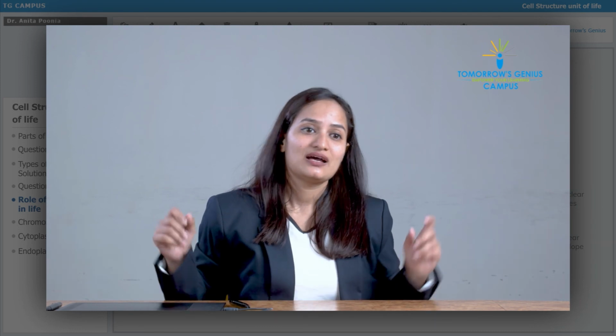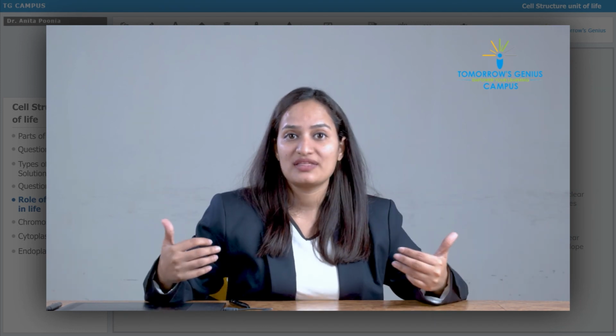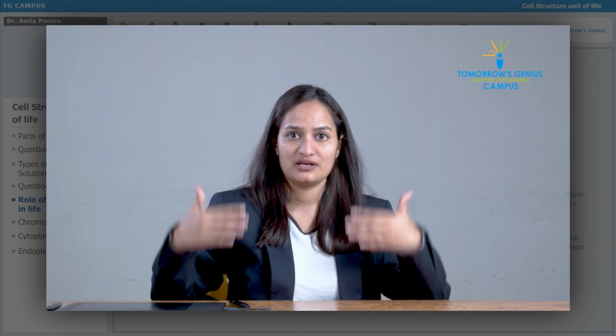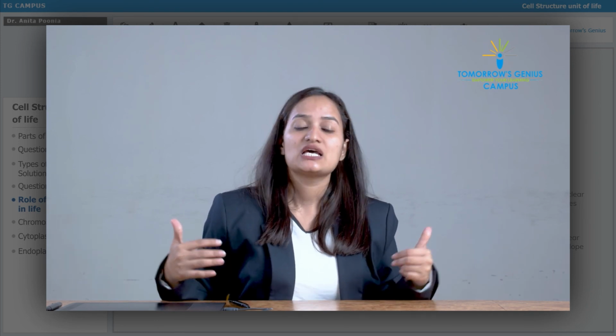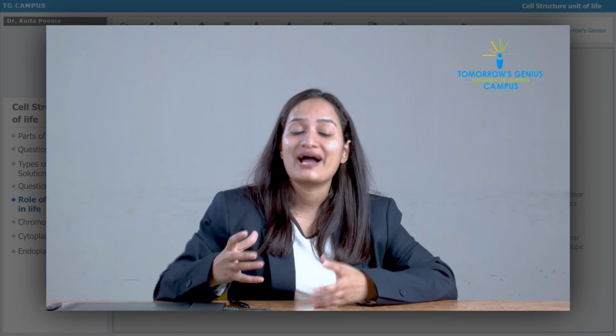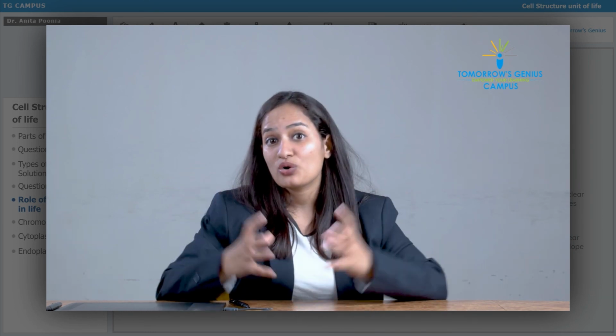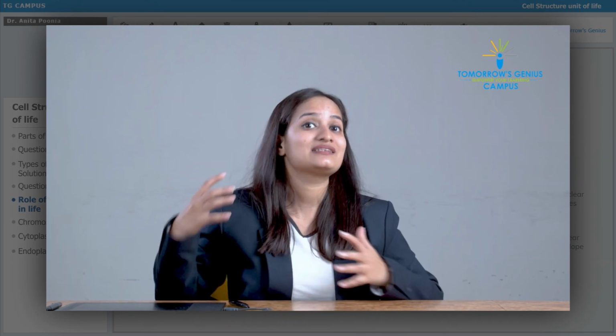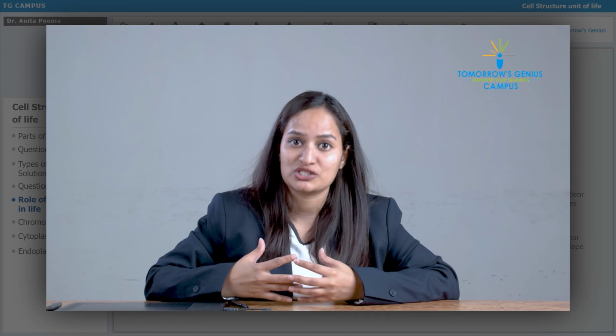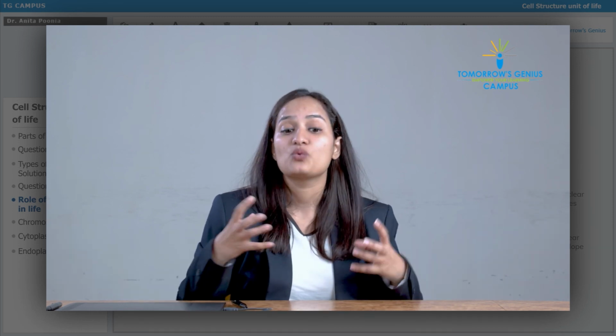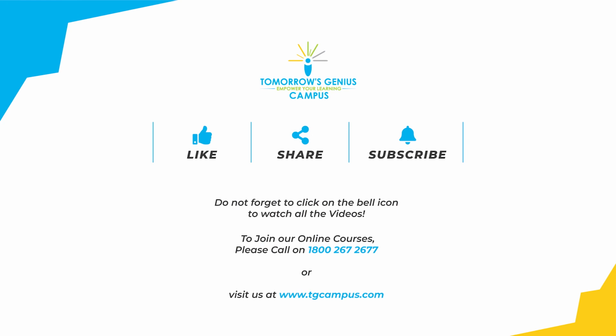Since there is a difference in the genetics and genes of the two parents, when they combine, they recombine and cross over, and they tend to make different combinations which result in different variations.